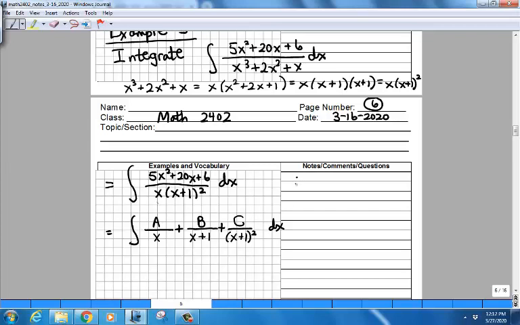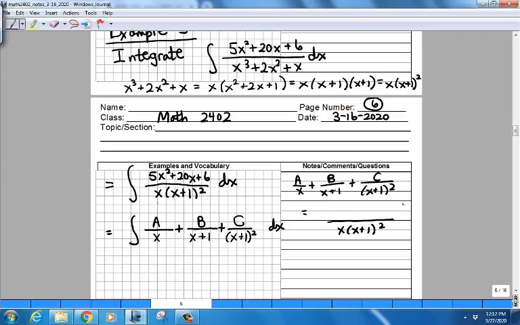So if I were adding these three fractions together, A over x plus B over x plus 1 plus C over x plus 1 squared, then your common denominator will be x times x plus 1 squared.